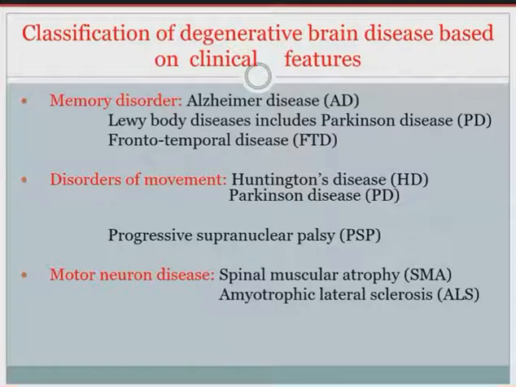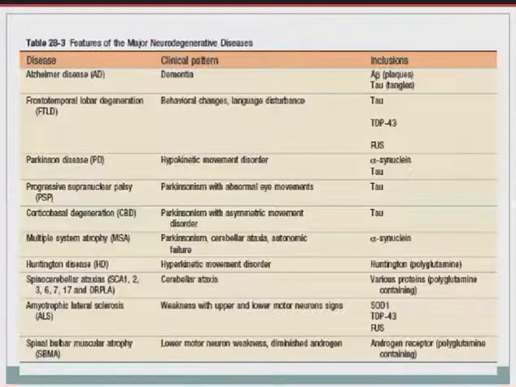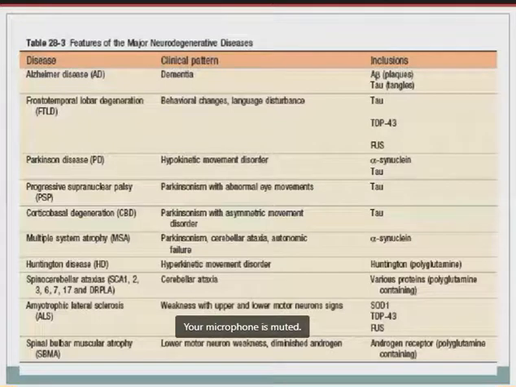There is also another, broader classification that depends on the presence of inclusions. Inclusions are nothing but aggregates of proteins, which we see on a microscope or histology slide as inclusions. We'll be talking about Alzheimer's disease, with the neuritic plaques and the tangles; these are the inclusions.